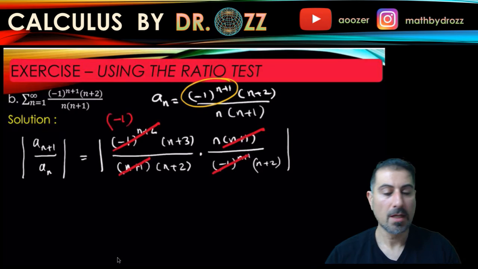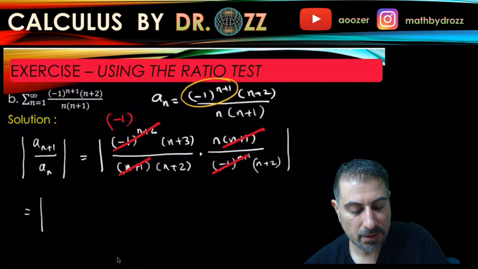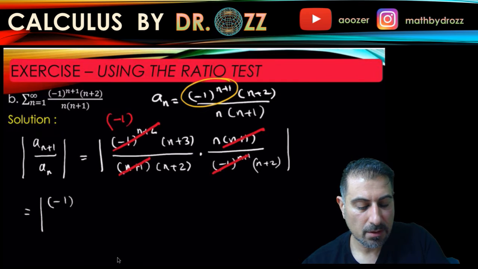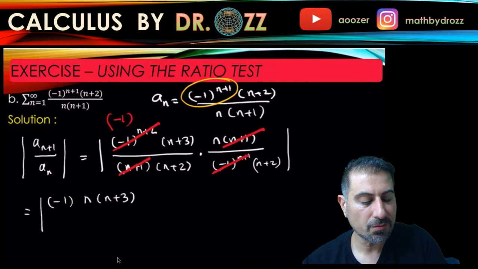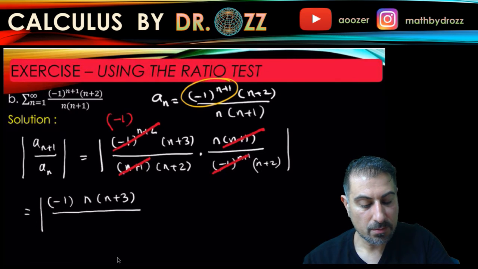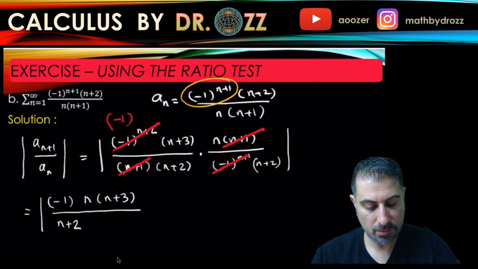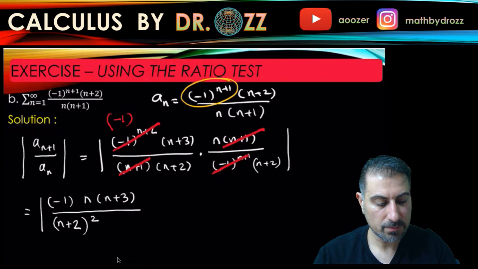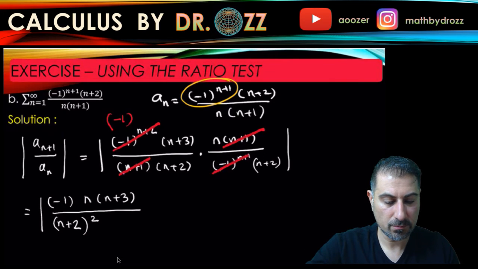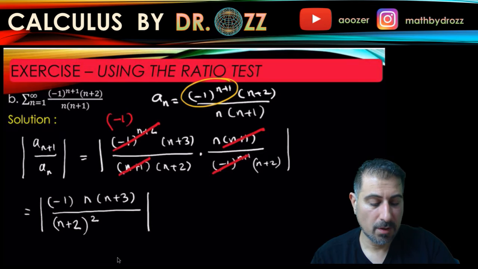And this whole expression is reduced to, let me just write everything carefully, -1 times (n+3), (n+2), (n+2) squared. So the -1, as I said, is not important.